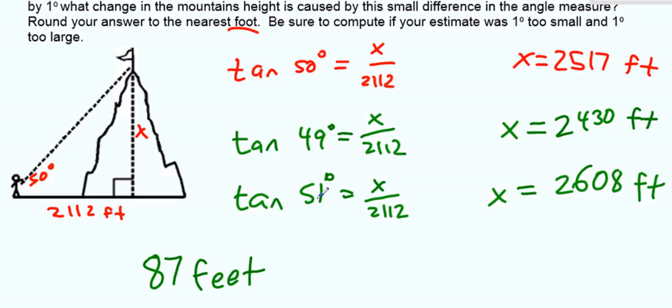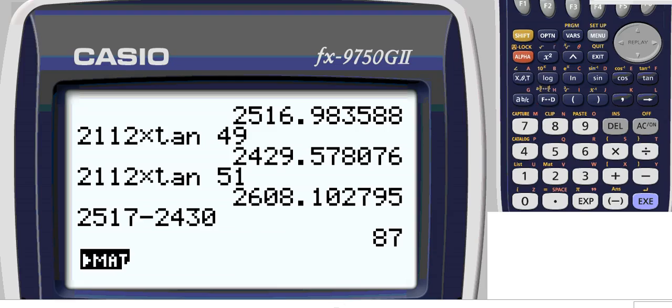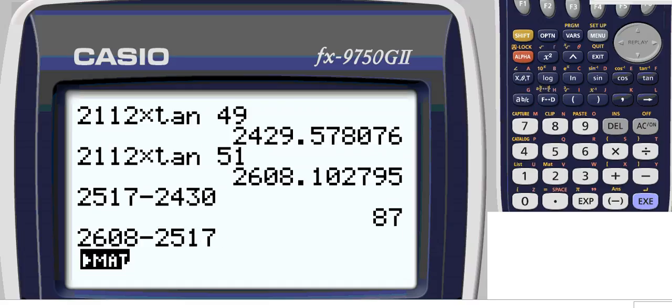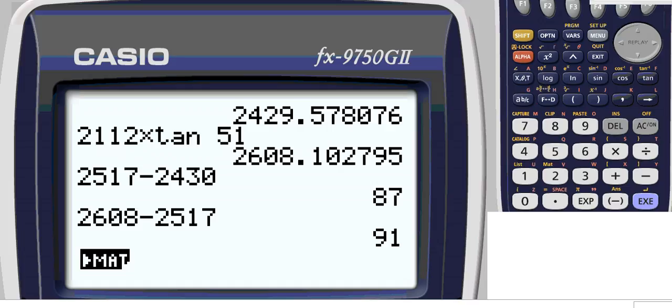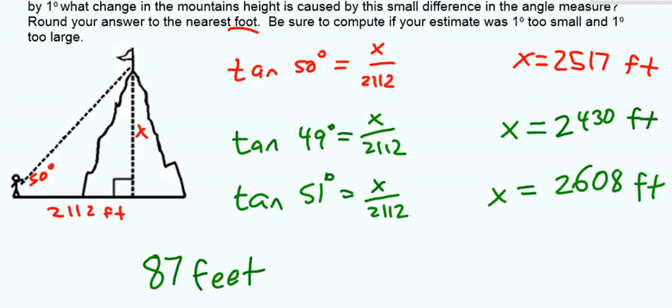And if we had 1 degree too large, if we went to 51 degrees, then we would have 2608 minus the 2517. And we're off by 91 feet. So we're somewhere between 87 feet smaller or 91 feet larger.